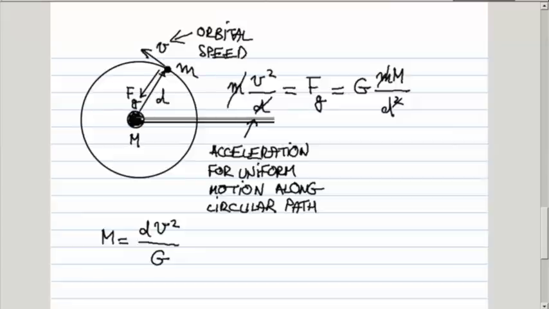Okay? So that's how the mass of, say, the Earth is deduced from the knowledge of the orbital data of the Moon, right? We know the distance to the Moon. We can measure its speed from the orbital period, and that's how we determine the mass of the Earth. Or this could be a planet revolving around the Sun.